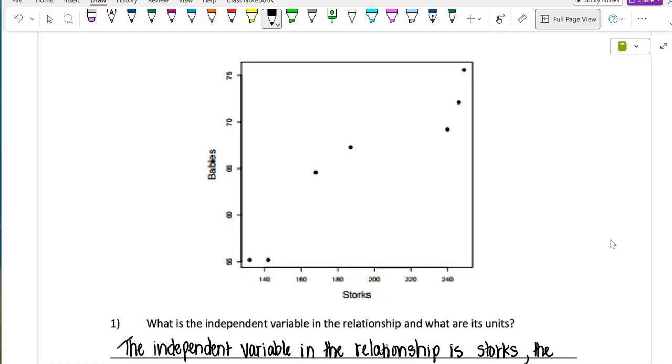So is there a trend here? We're looking at, do both variables increase? Does one variable increase, one variable decrease, or no relationship? That's what we're looking at here. What is happening?